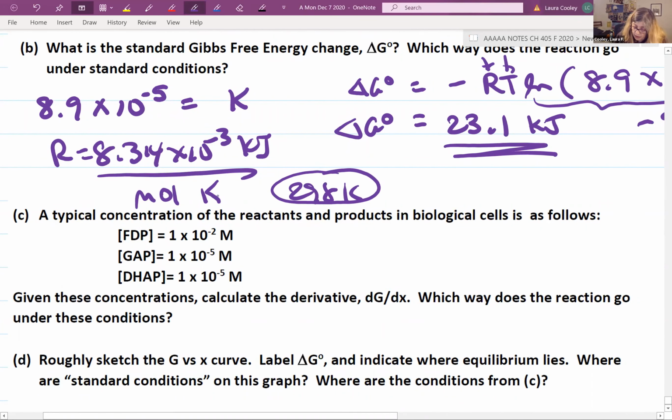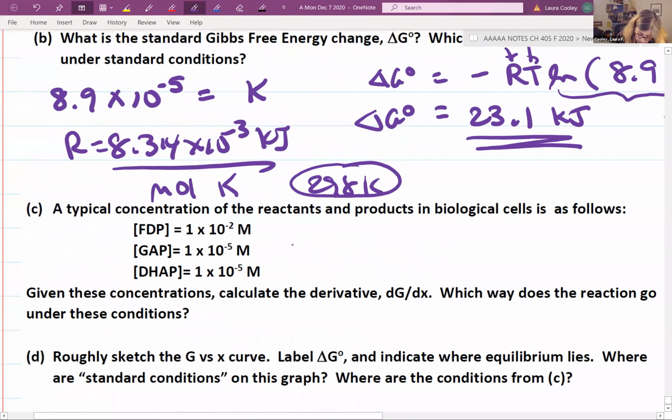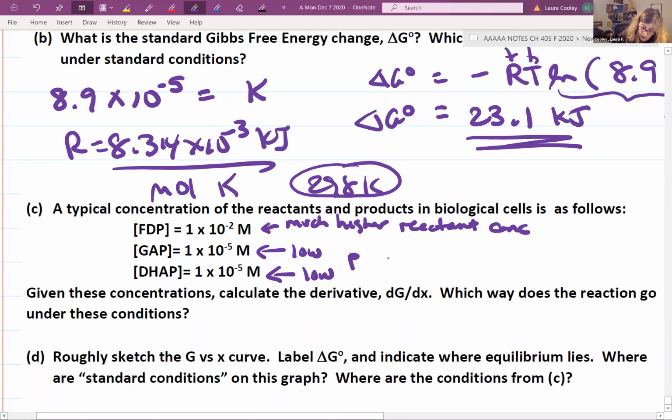Okay, so now, next part of the problem, it says, a typical concentration of reactants and products in biological cells has, and you notice that these are very, very low concentrations. So the products in this reaction at this point have extremely low concentrations. The reactant has a much higher. And low product concentrations.